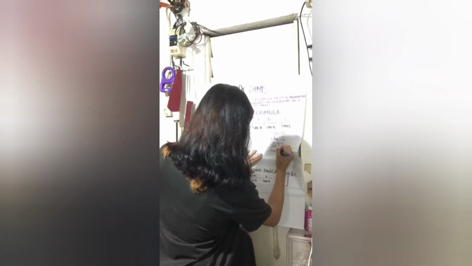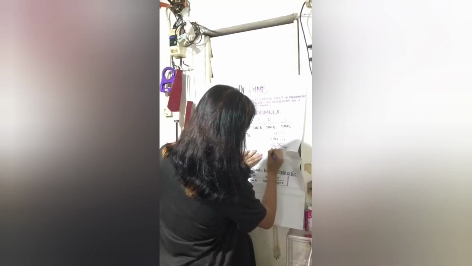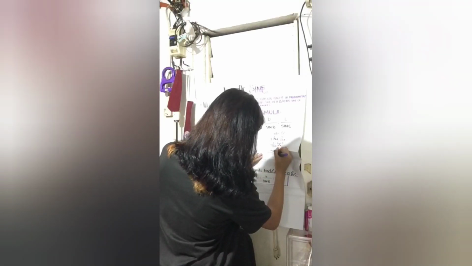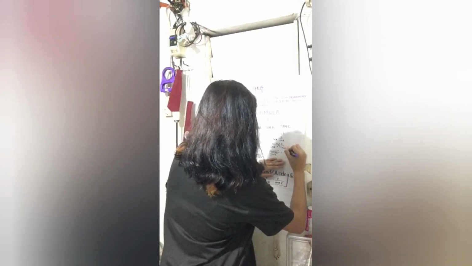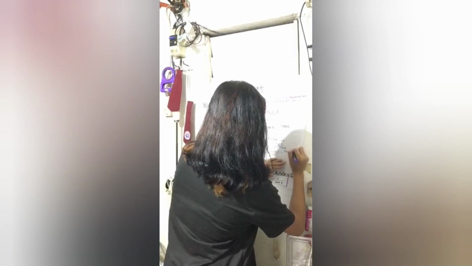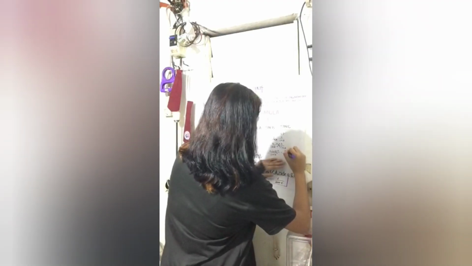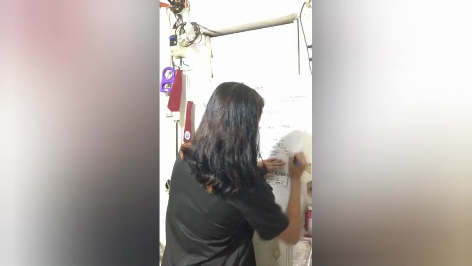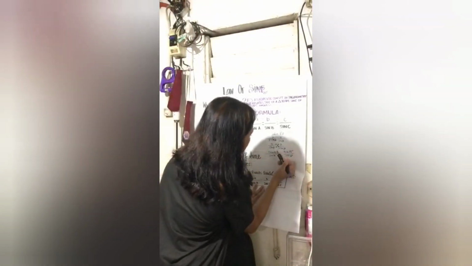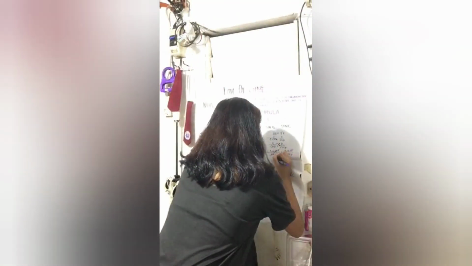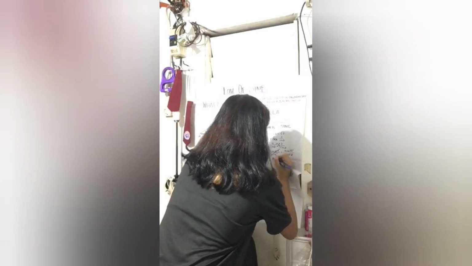b sine 16 degrees over sine 16 degrees equals 9 sine 141 degrees over sine 16. Since these are the same, we will cancel them out. How are we supposed to identify side B?